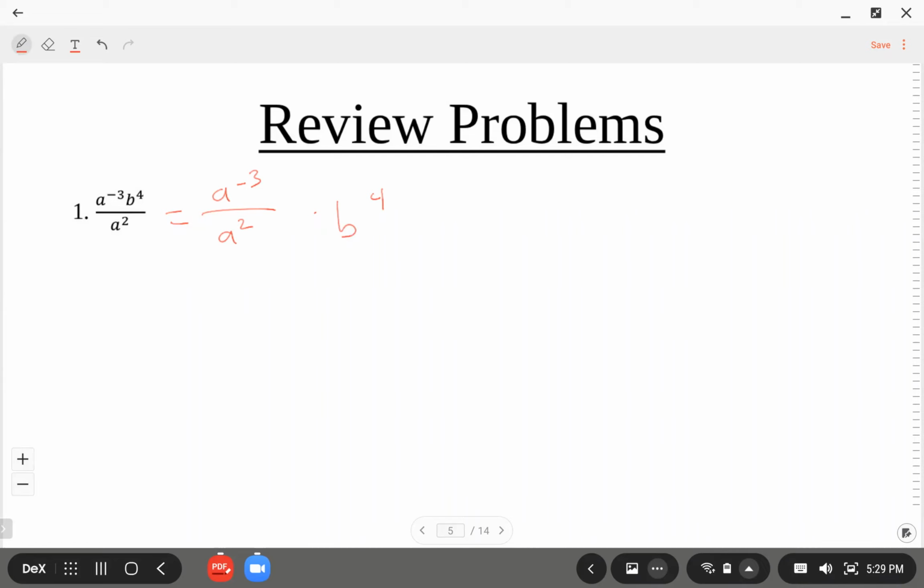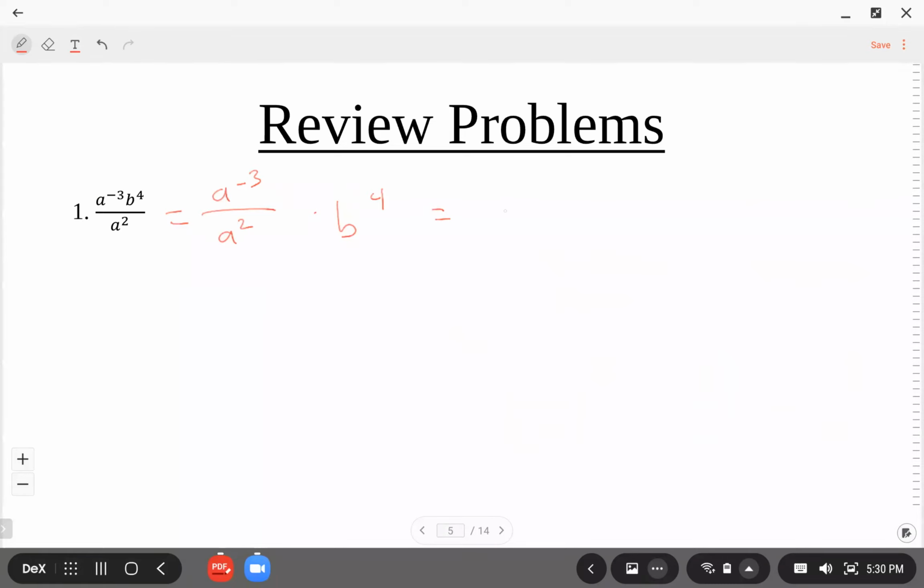Anyways, a to the negative third over a to the second. Okay, Reza, your answer is wrong. Why? Because you are supposed to subtract the exponents rather than add them. That's what I just said. It was a division property. Remember, subtract our exponents.